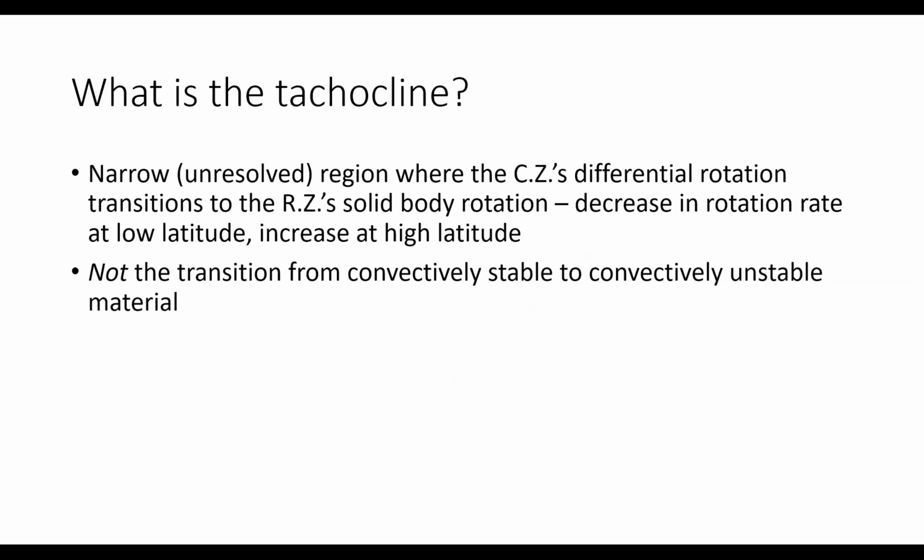So this is just repeating what I've already said. It's the unresolved region at the base of the convection zone. One note that I want to make, and I do see some confusion on this: I think we all sort of understand what the base of the convection zone is and what the tachocline is, but when you're looking at helioseismic papers, you're usually looking at one or the other.